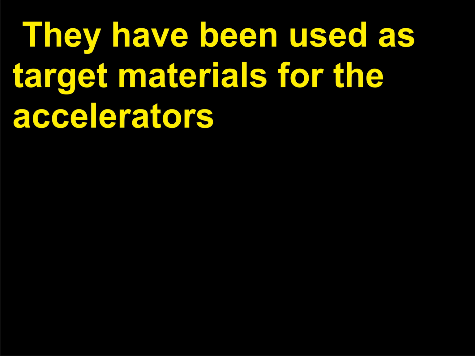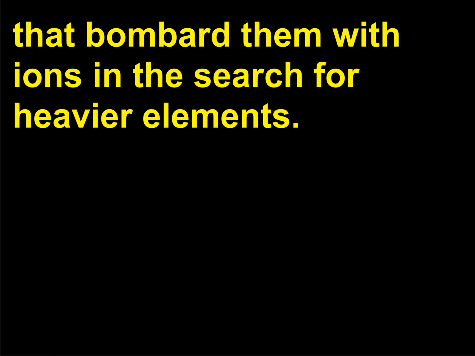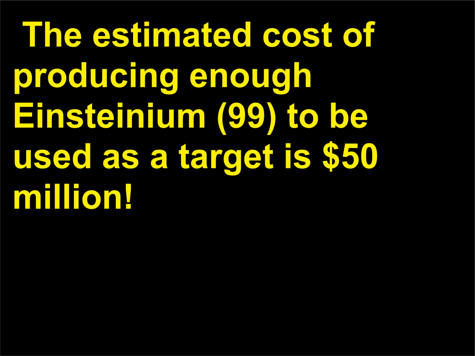They have been used as target materials for the accelerators that bombard them with ions in the search for heavier elements. The estimated cost of producing enough Einsteinium, 99, to be used as a target is $50 million.